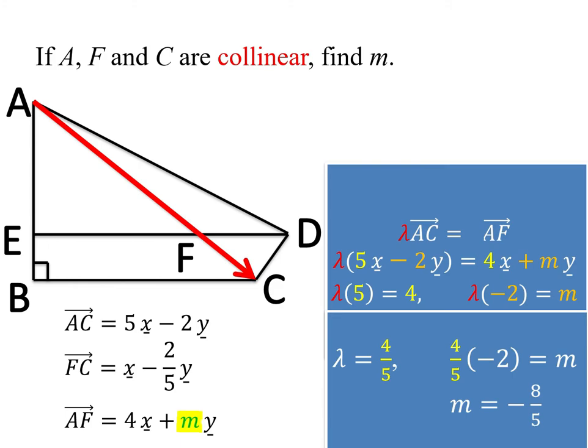It's exactly the same value as the one I showed you in the previous example. Okay, so this is how we find the m by referring to lambda, by adding lambda between the two vectors.